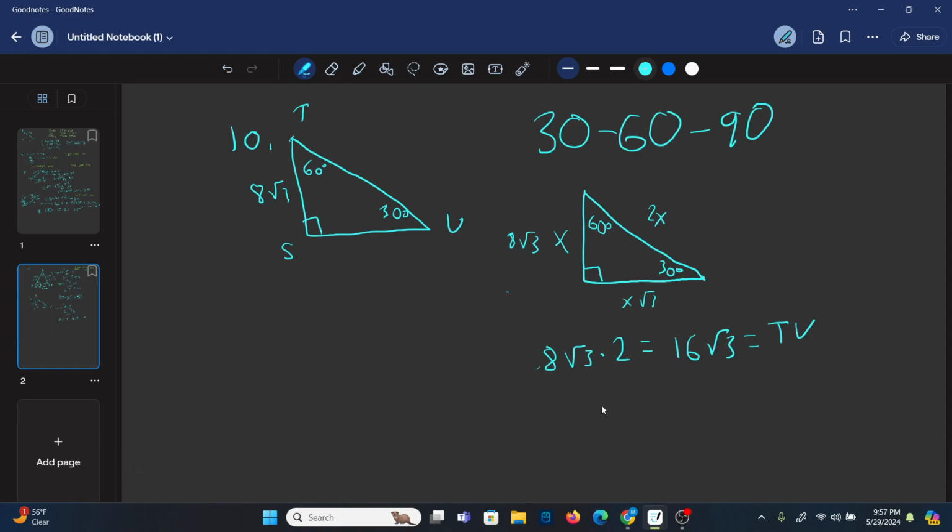For this side, we would do x, which is 8 root 3, times root 3, which is 8 times square root of 3 times square root of 3, equals 24. And that is the first page of the study guide.